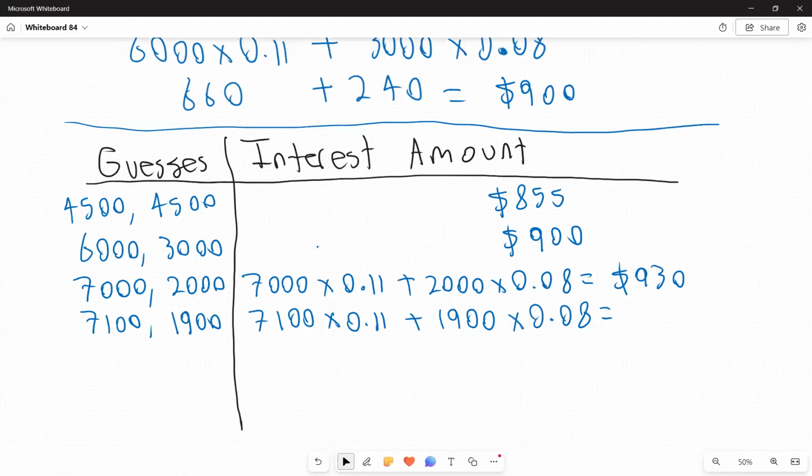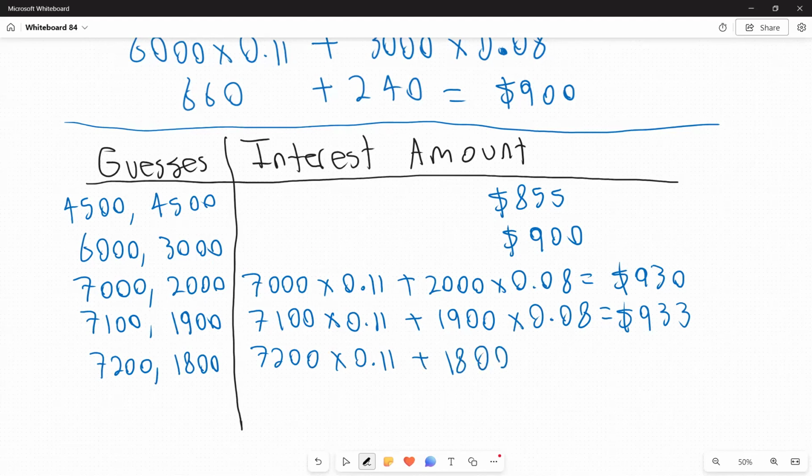And increase by another 100. If it's more than 936, we're going to decrease by the tens. So we have 7,200 at 11% and 1,800 at 8%.